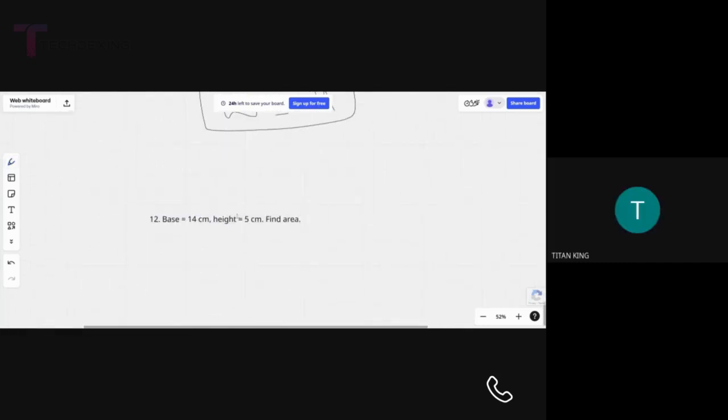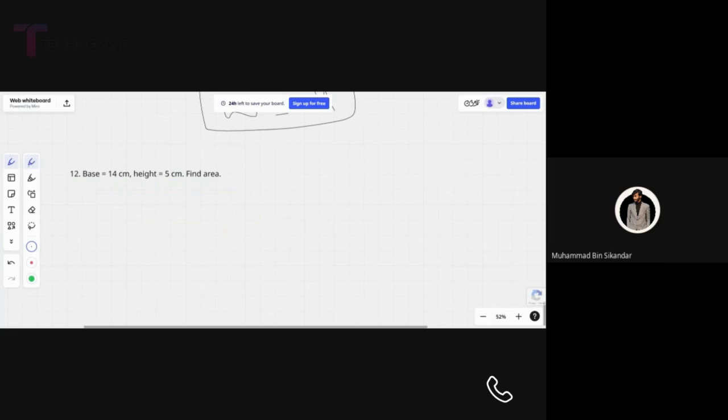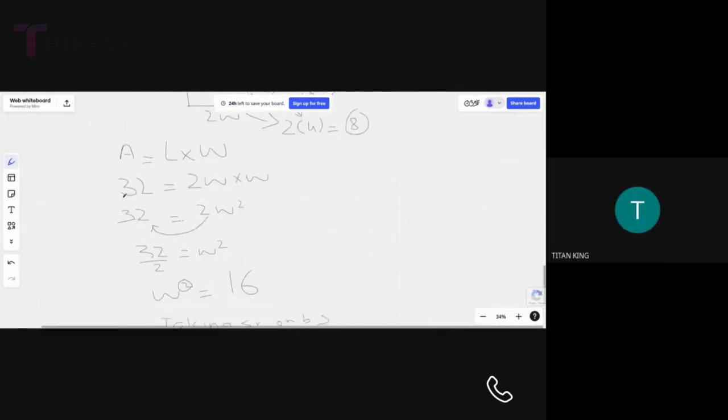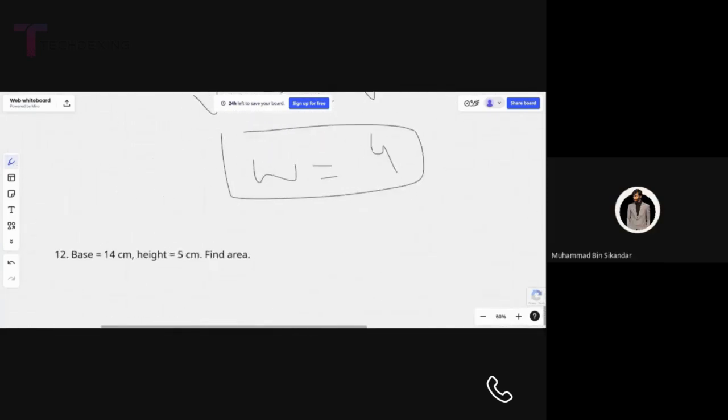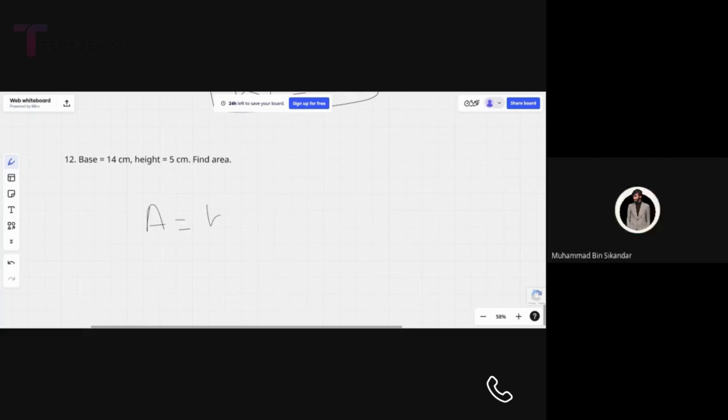I am given the base 14 centimeters and height 5 centimeters, and we need to calculate the area of a parallelogram. I was given the formula. Let's just work it out. A is equal to base multiplied by height.